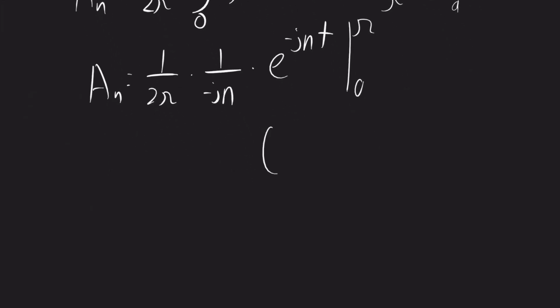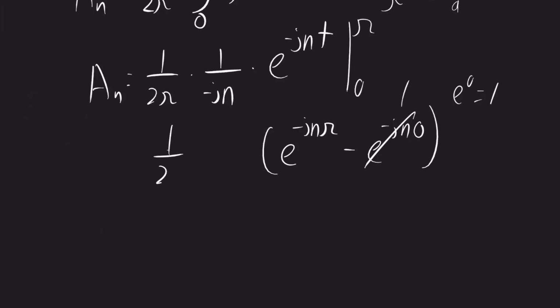We can plug in these bounds. We'll have e to the negative j times n times pi minus e to the negative j times n times 0, and e to the 0 is always 1, and that'll all be times what we had before. We can simplify this portion to the left here by multiplying by j over j.